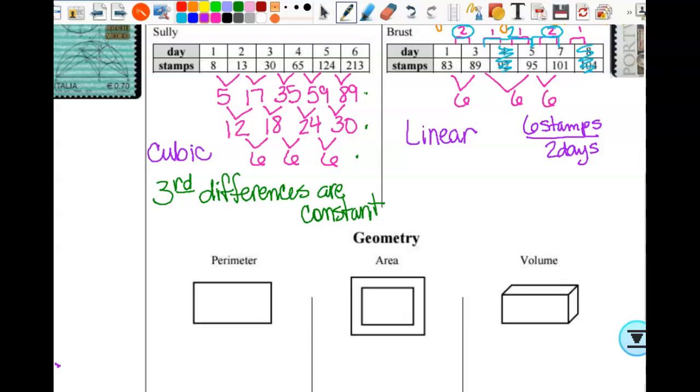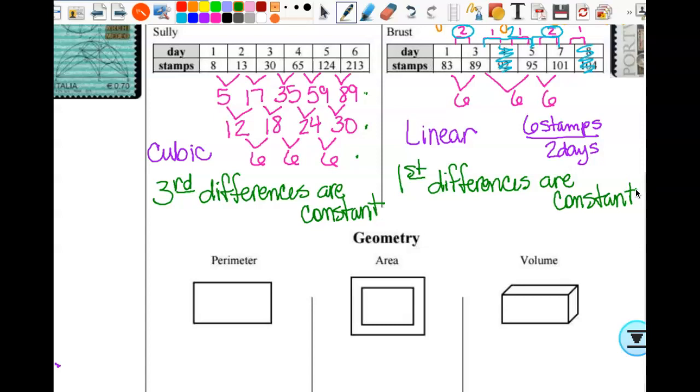You with me on that? So if I didn't want to have to do that, then I can just say here that the first differences are constant. What questions you got? We good?